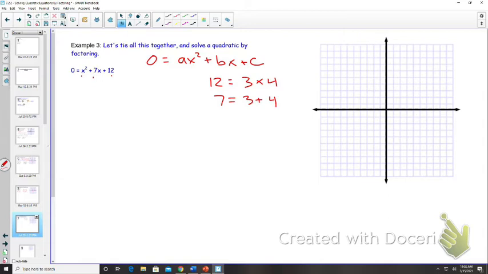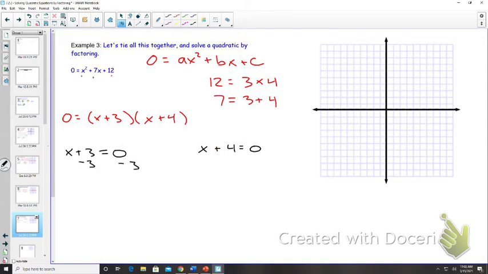So now we will write this in factored form. So x plus 3, x plus 4. Then we will set each bracket equal to 0, right? So x plus 3 equals 0, and x plus 4 equals 0. We'll subtract 3 from both sides. So x equals minus 3.